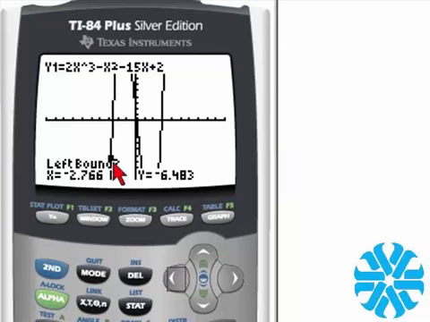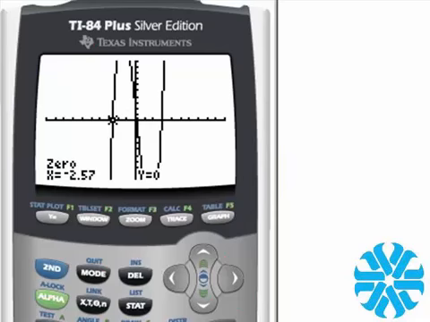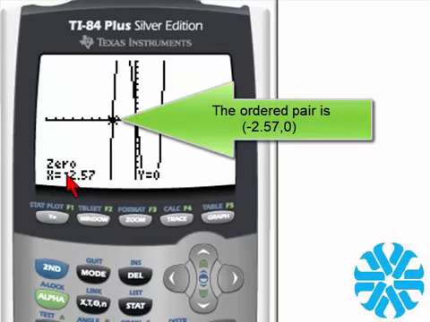So right there, select enter, then move to the right, and that's fine. We could also go down one. It's still above the x-axis, so we'll select enter, and then guess, we select enter. Okay, so the 0 here is at negative 2.57, and you can see the value of y being equal to 0.